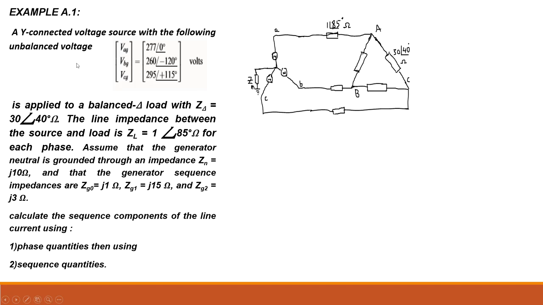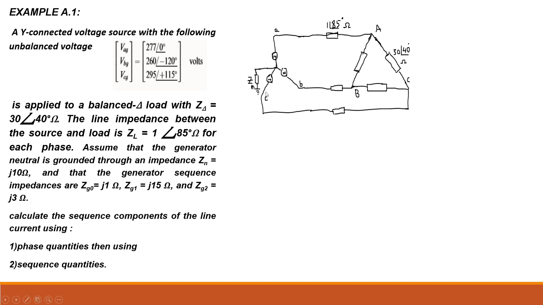The imbalance voltage is applied to a delta connected load and to a line impedance. The delta connected load has an impedance of 30 ohm with an angle of 40 degrees, and the line impedance is 1 ohm with an angle of 85 degrees for each phase.